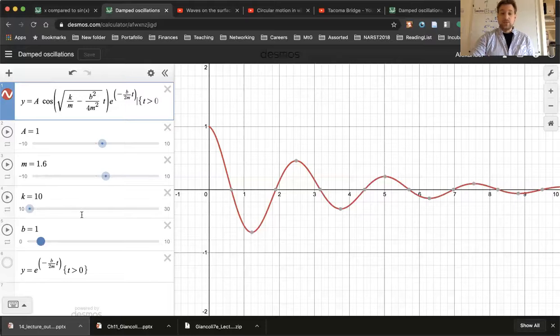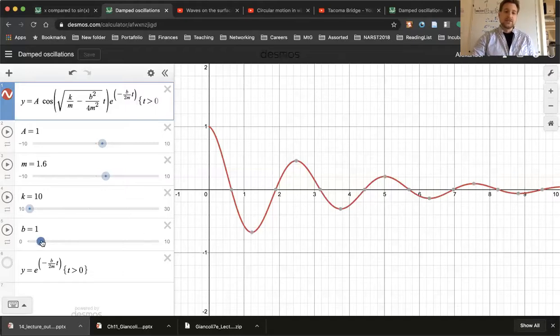Right now it's 1, and you can see that the oscillation has an amplitude of 1, then an amplitude of about a half, then about 0.2, and then about 0.1. The size of this oscillation decreases, and eventually will stop if I zoomed way out on the x-axis.